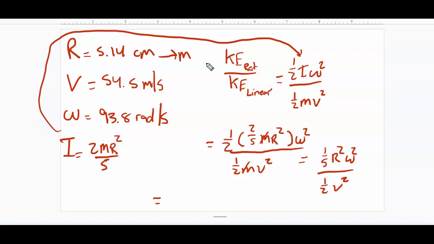Then I divide by 0.5, and then I'm going to divide by v squared, so 54.5 squared. What I get is actually a very small number, and that number is 0.00313. And that is the answer to that question.